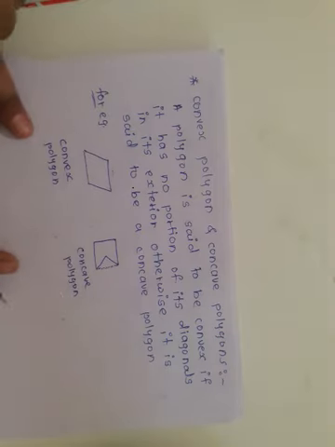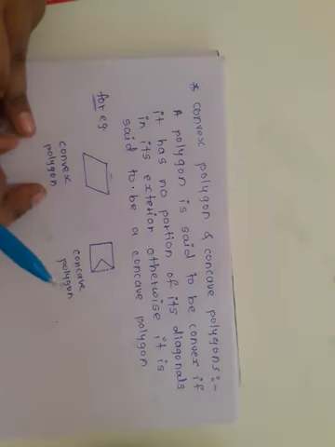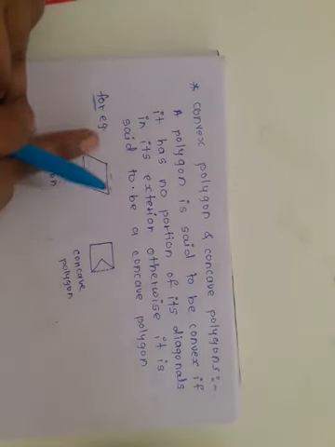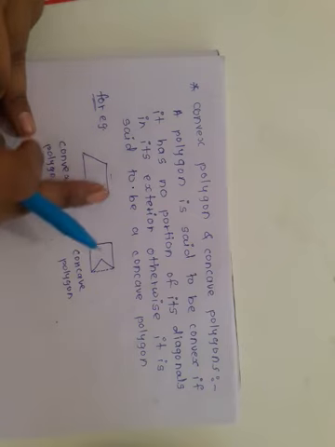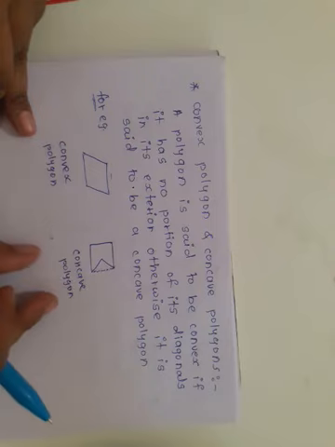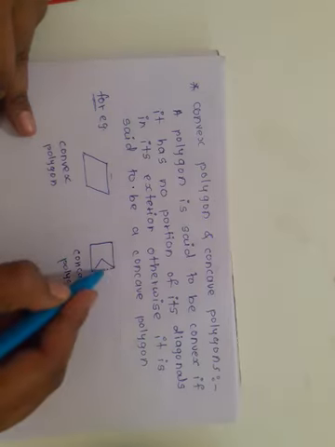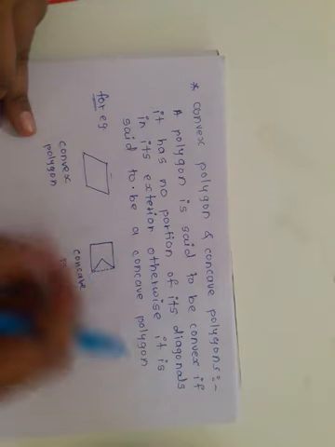What is the difference between convex and concave polygon, do you understand? Convex means we cannot draw the diagonals in the exterior of the polygon. That polygon we call a convex polygon. But in a concave polygon, if the diagram is like this, then we can easily draw the diagonal outside of the polygon.